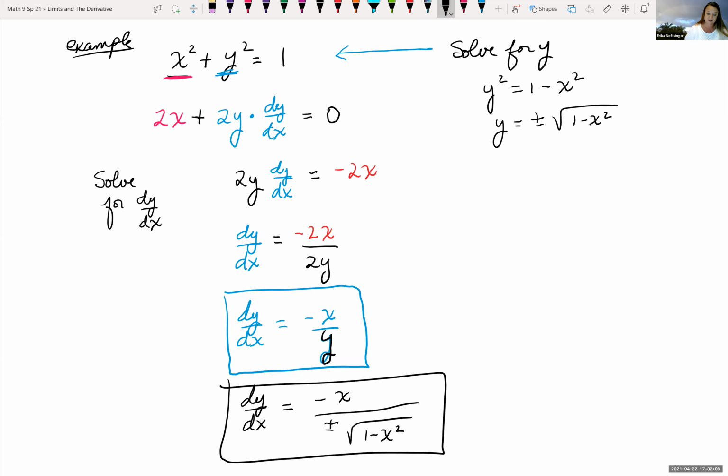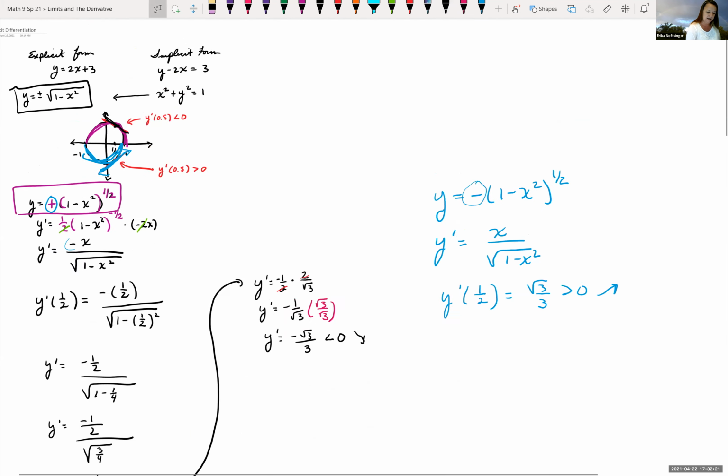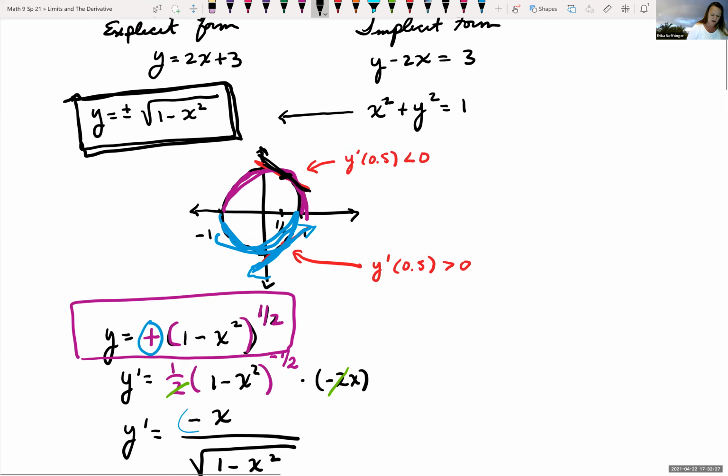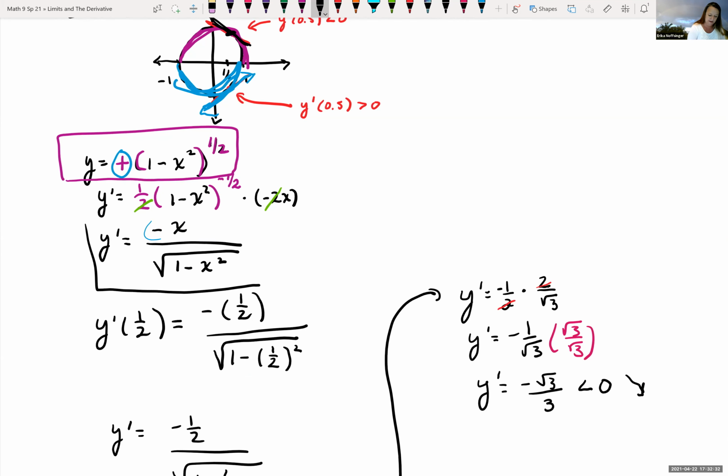Which notice is what we got before. So I'm going to scroll up for a second and we'll come back. But that's exactly what we did when we first rewrote it in explicit form here, and we took the derivative. We got the negative x all over that square root.